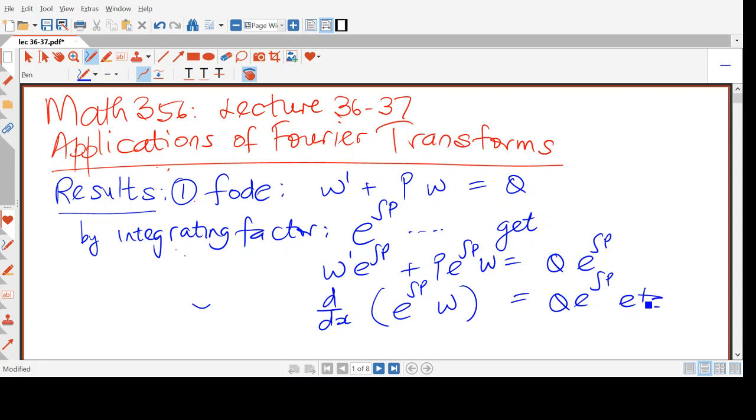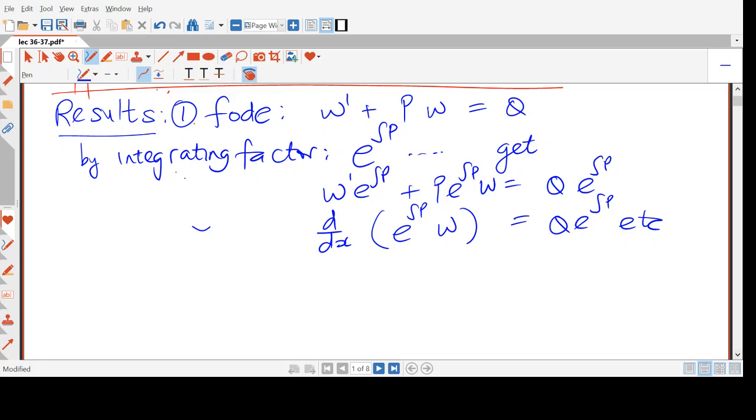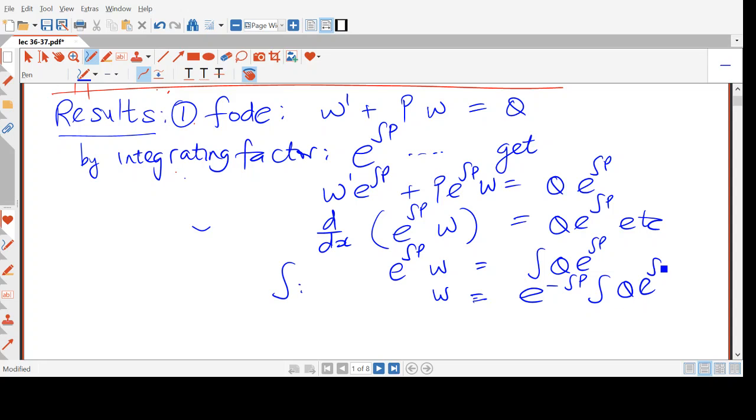So to get w by itself, you integrate this once. That's e to the integral of p w equals the integral of q e to the integral of p. So w is given by e to the power minus integral of p, times the integral of q e to the integral of p. In that way, you can get that explicitly.